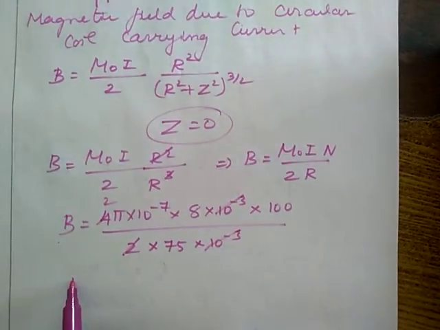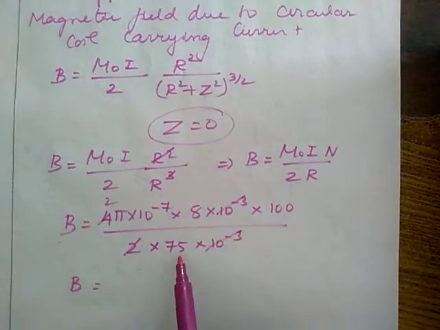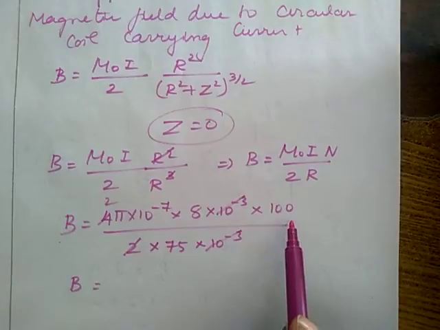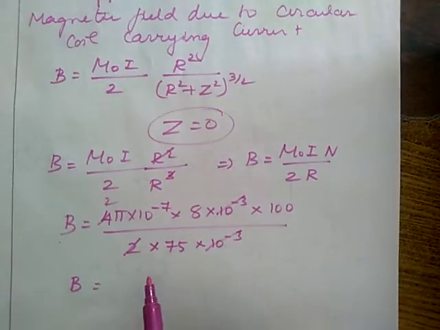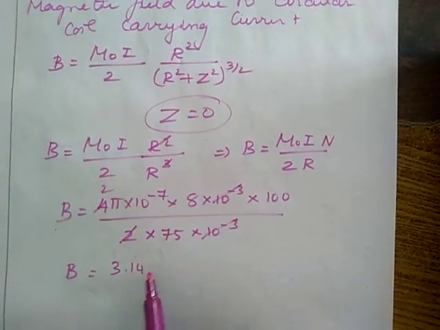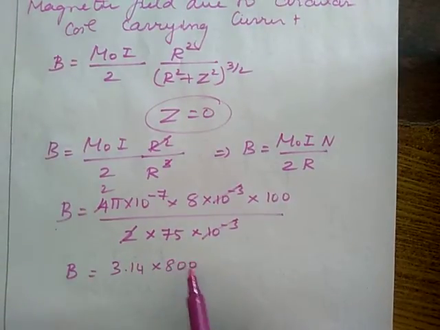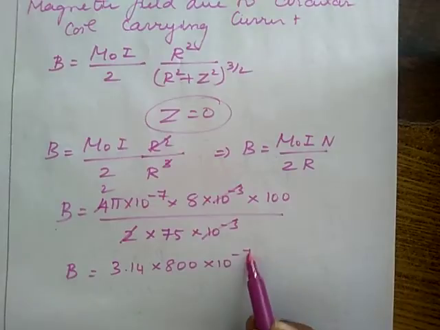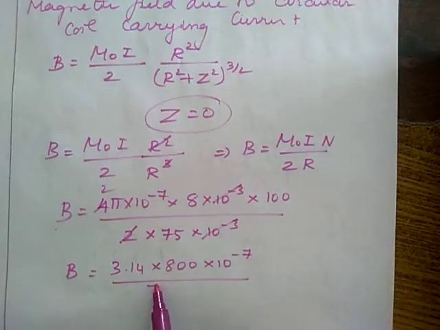Then we get B is equal to, after solving this, 3.14 into 800 into 10 power minus 7 divided by 75. One more 2 is there.